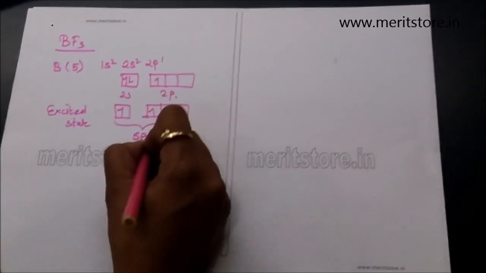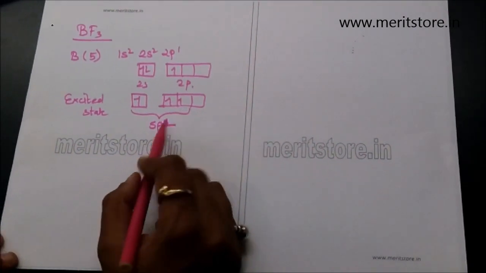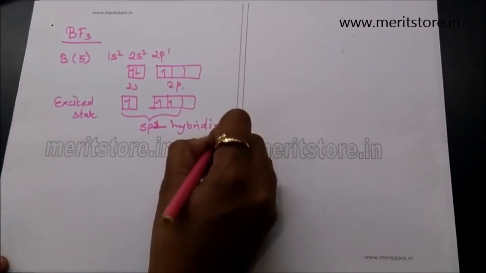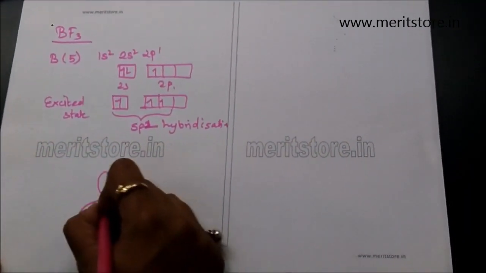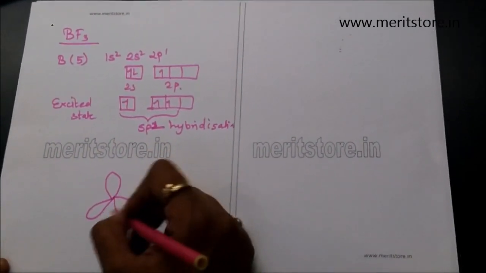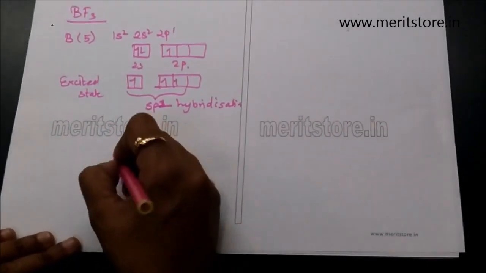They undergo hybridization. Now since there is a mixing of one s and two p orbitals, this hybridization is called sp2 hybridization, in which we have 3 newly generated orbitals. Since they will try to go away from each other, they will have a trigonal planar structure that will be overlapping with the 3 fluorine atoms.